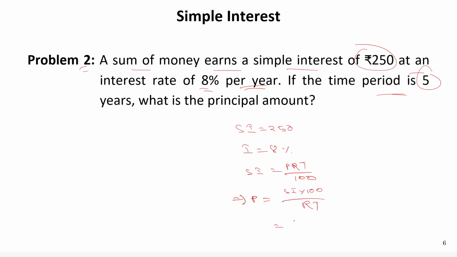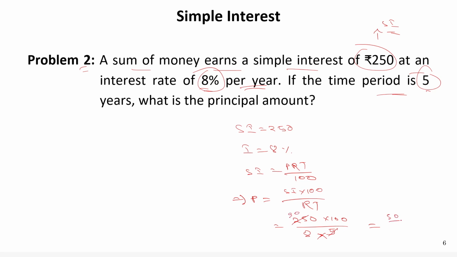SI is given to us as 250, as you can see here, into 100, whole by R into T. R is given as 8% per year, so R is equal to 8. T is 5. By dividing 250 by 5, we are left with 50.